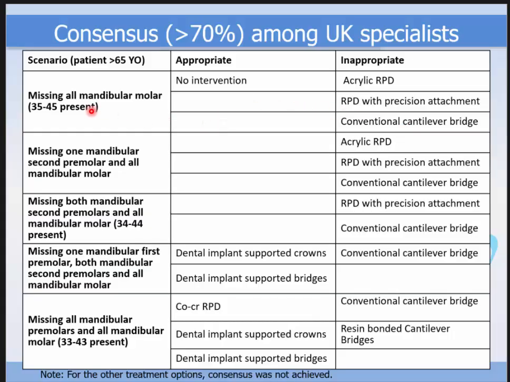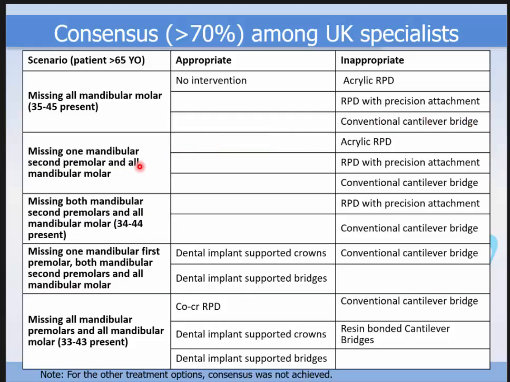Okay, so a very common, very classic SDA patient with premolar to premolar present. Elderly patients, they all agree that it is appropriate to provide no intervention. And they agreed that it is inappropriate to provide acrylic dentures, RPD with precision attachment, or conventional cantilever bridge for this group of patients.